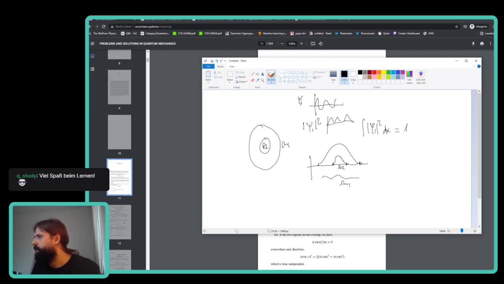Maybe what this means is that the integration, so the area, is just proportional. So if you integrate this one here, let's say y, then the same thing for psi 1 is probably times whatever, like a constant or something, right?